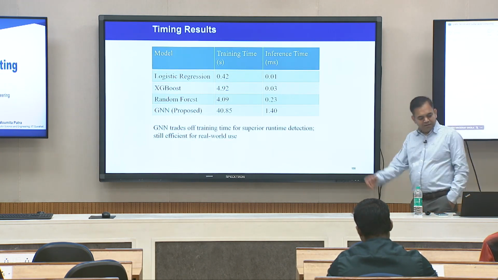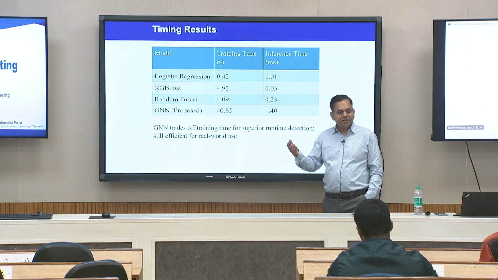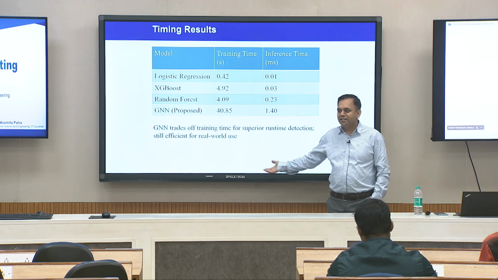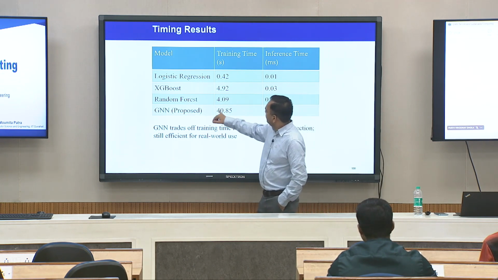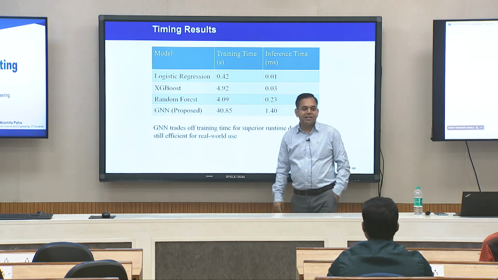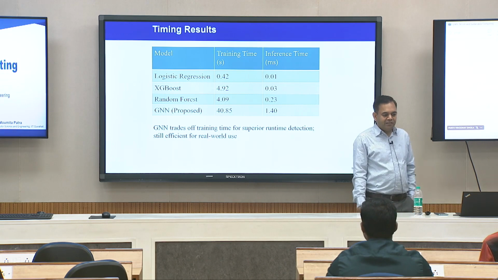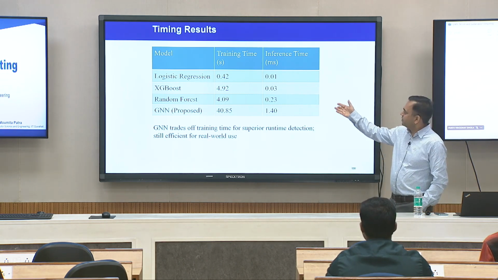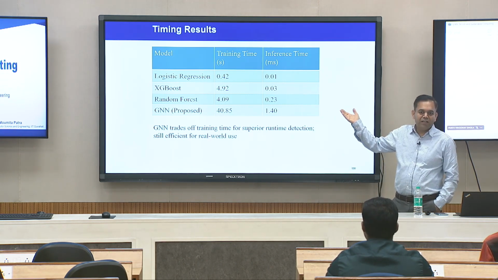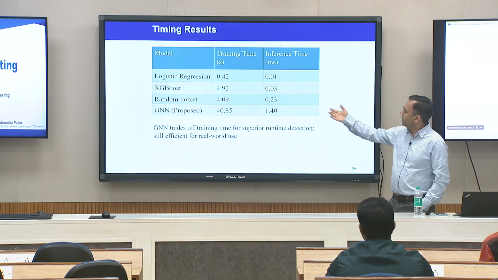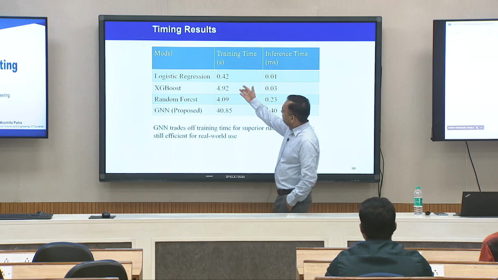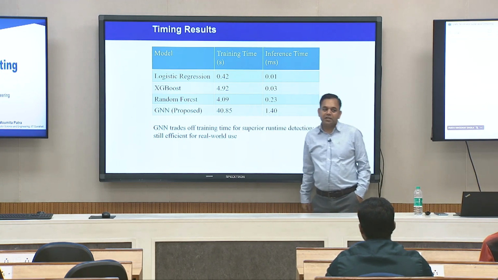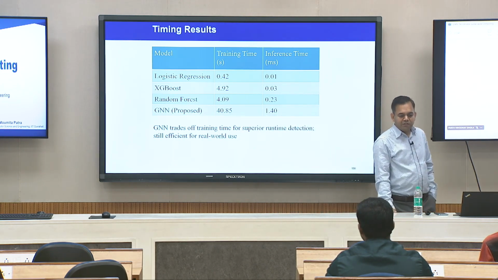But like I said, if you gain something, typically you pay in something else. If you look at the training time for our approach, it's a lot. Logistic regression is just regression modeling, so it can take a fraction of a second. XGBoost and random forest take about 4 or 5 seconds, but our approach takes 40 seconds to train.